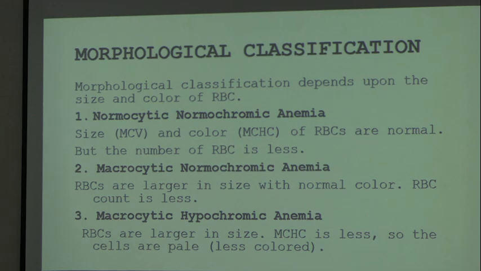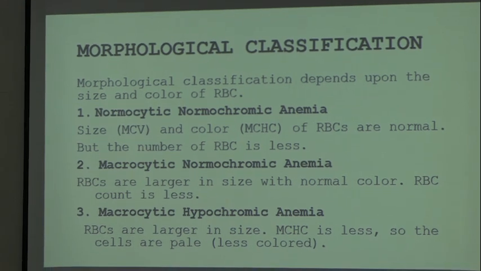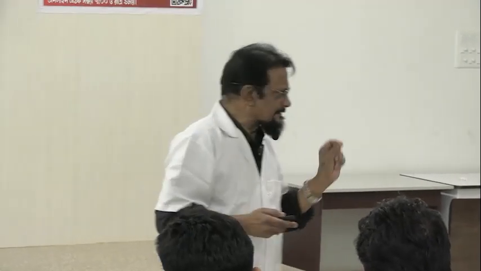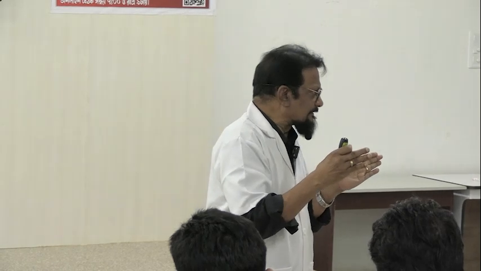For MCV it is 78 to 94, somewhere 96, somewhere 100. That is the upper limit. If it goes beyond that, it is macrocytic. If it is less than normal, then it is microcytic. The average content is estimated from MCH, given in picogram, and the range is very small, 32, 33, 34 like that.